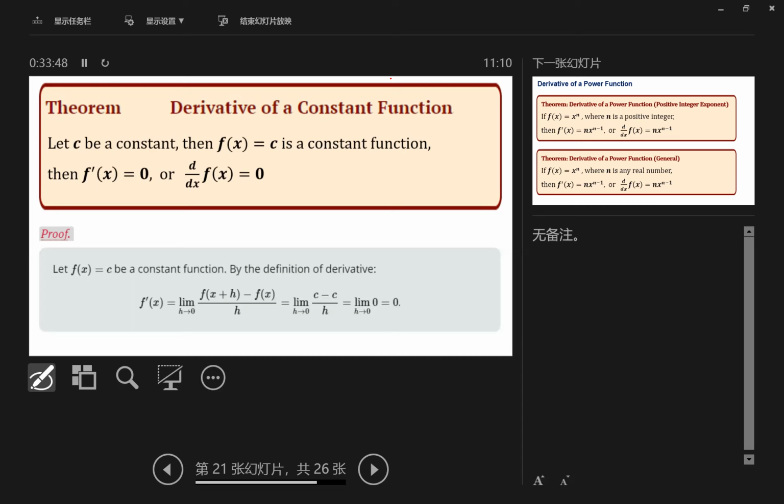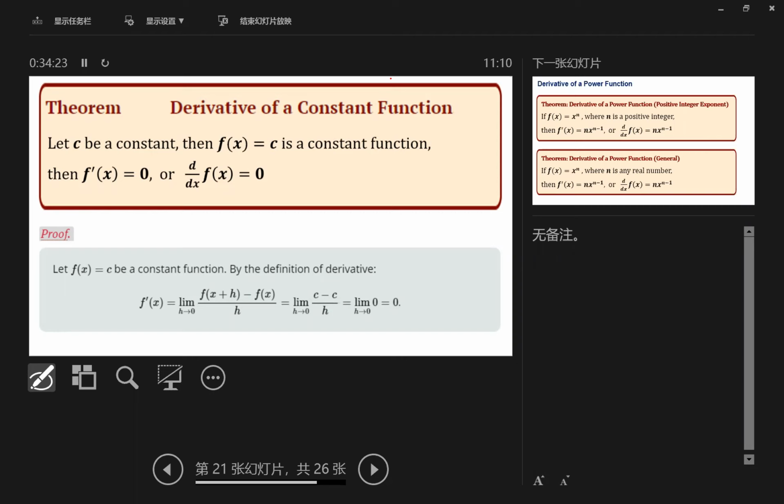So what is f(x+h)? Because it's a constant function, f(x+h) is c, and f(x) is also c. Therefore, the limit becomes the limit of c minus c over h as h approaches 0, which is actually the limit of 0 as h approaches 0, which is 0. Therefore, the derivative of a constant function is always 0 at any point in the domain.